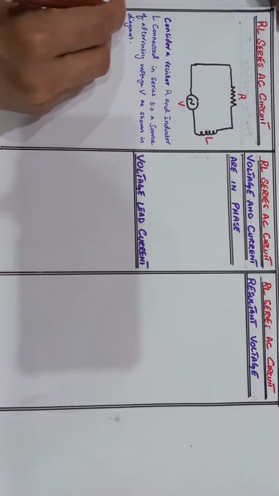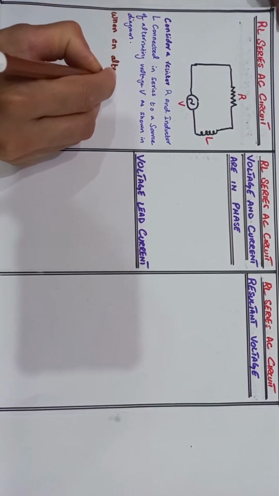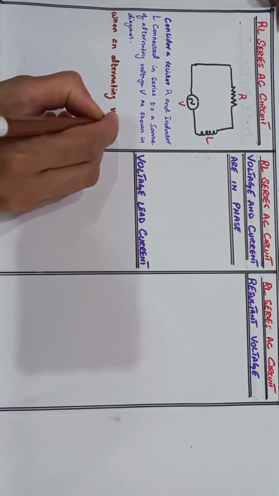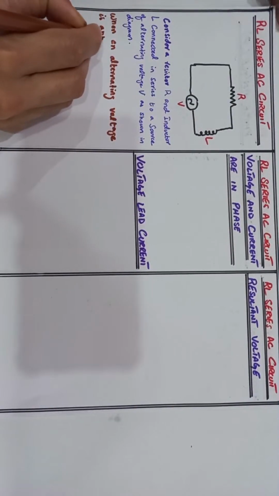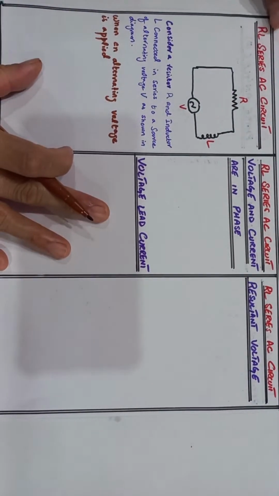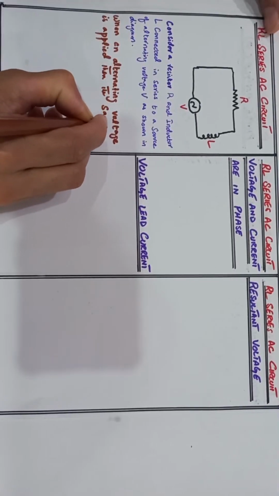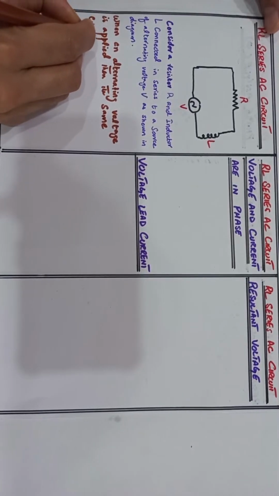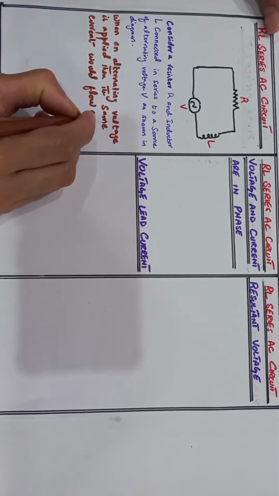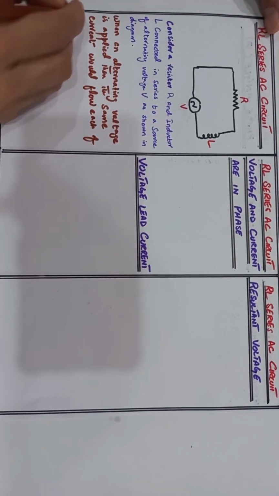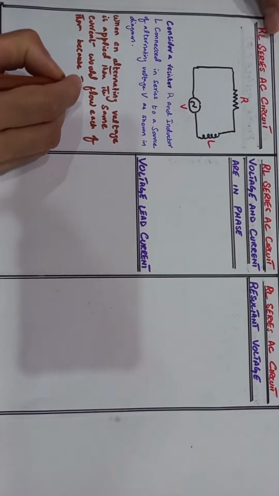So here we write that when an alternating voltage is applied, the same current would flow through each of them because the resistor R and inductor L are connected in series.